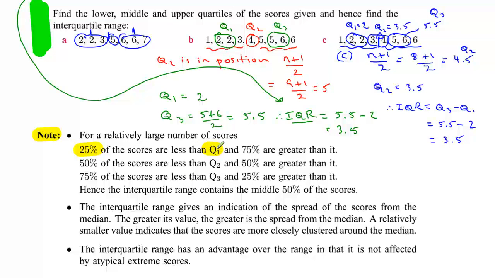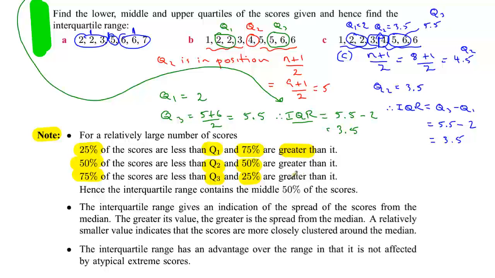That's the lower quartile. That means that 75% are greater than it. 50% are less than Q2, 50% are greater than it, and that's the median. And for the upper quartile, 75% of the scores are less and 25% are greater than it.